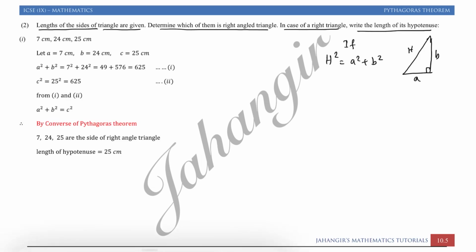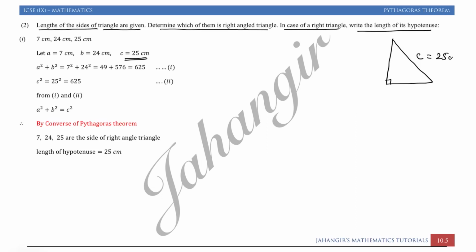So for that, first let us write the three sides considering the greater side as hypotenuse. This is 90 degree. Hypotenuse is the greater side. So let us say C is over here, which is 25 centimeter. Remaining two sides can be written anywhere.